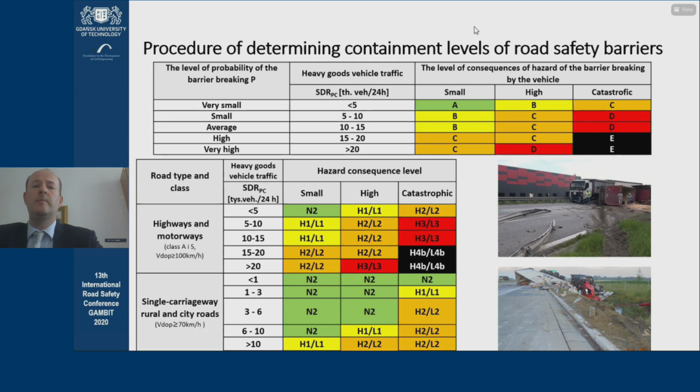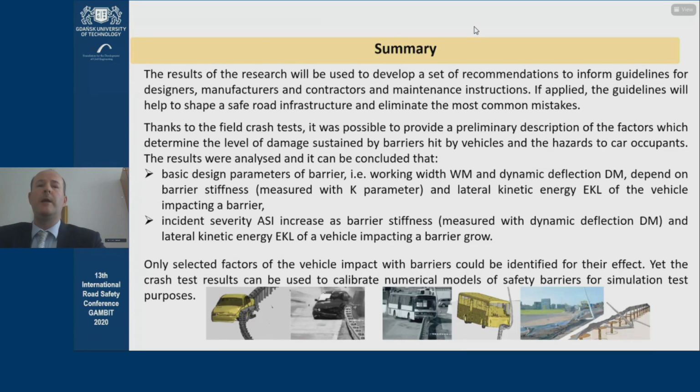And in the table below, you can see how containment levels should be defined, and that depends on the expected consequences of roadside accidents, and that in relation to road class and volume of heavy traffic.